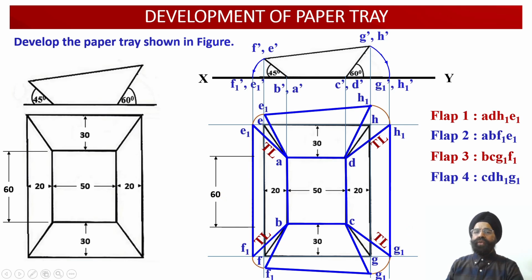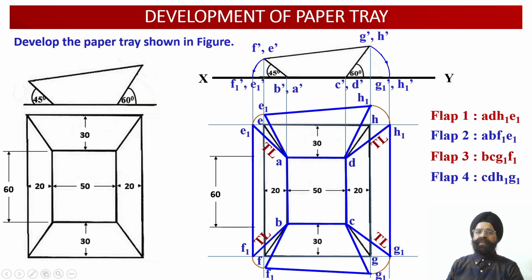So now with this discussion we can see that we have been able to obtain the true shape projections corresponding to all the 5 surfaces of this paper tray. The base of the paper tray, inclined surface 1, inclined surface 2, inclined surface 3 and the inclined surface 4 over here.